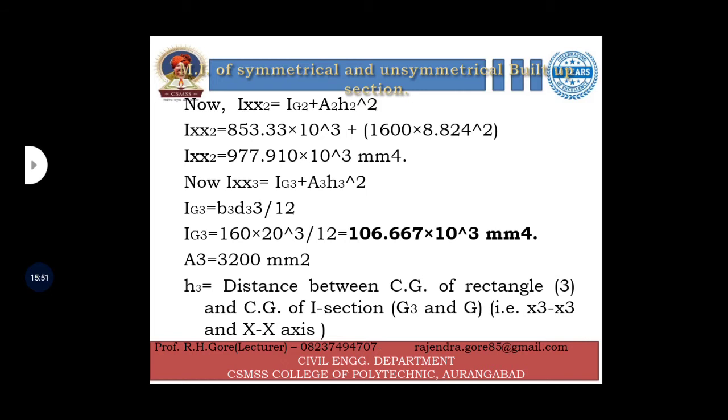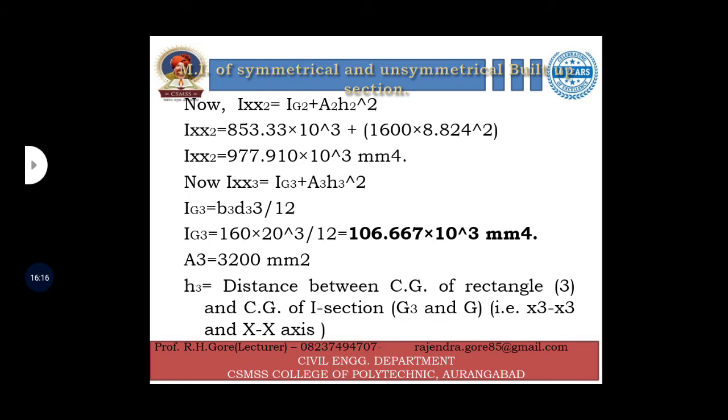Now for rectangle 3, Ixx3, Ig3 plus A3H3 square, Ig3 is B3D3 cube by 12. So Ig3 is 160 into 20 cube by 12, so 106.667 into 10 to the power 3 power 4. A3 is 3200.